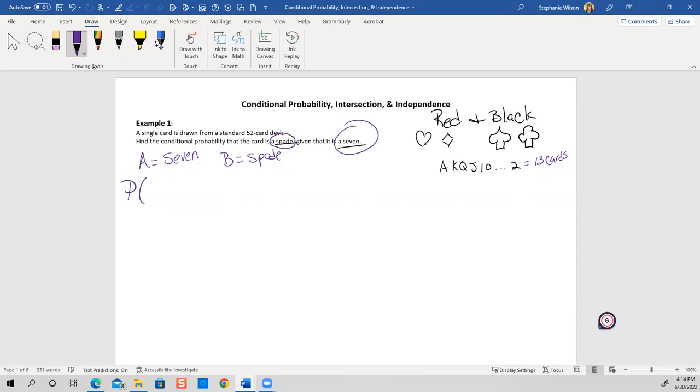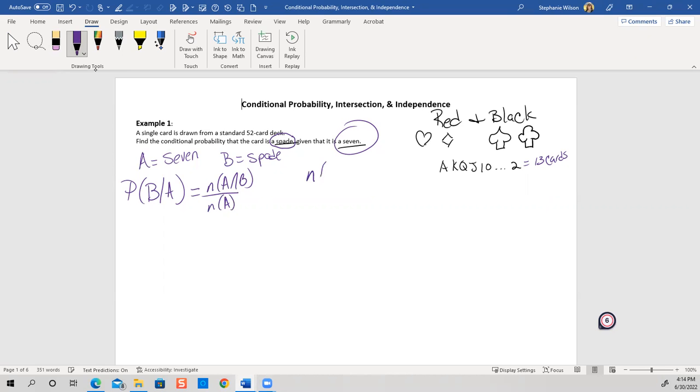Now we're looking for the probability that we have this group B where A comes from that group. That formula is the number of elements where A intersects B, divided by the number of elements in A. So let's talk about that.